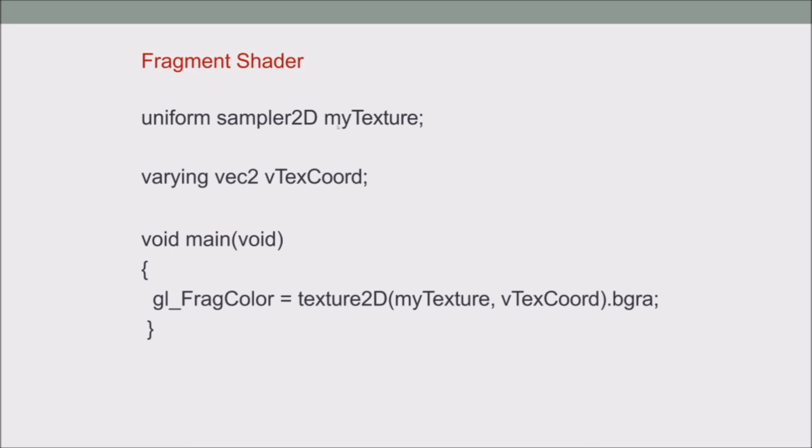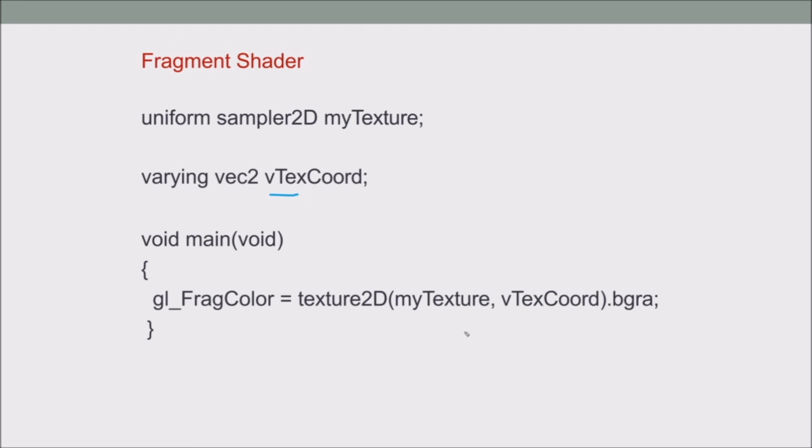So when I say sampler2D, my texture, it will bring all the RGB pack values. And then the XY values I'm passing from my vertex shader to the fragment shader right here.